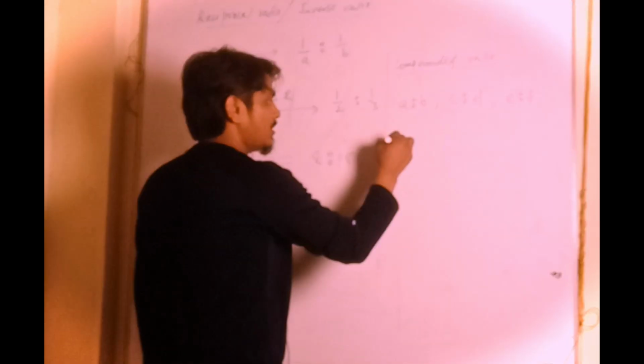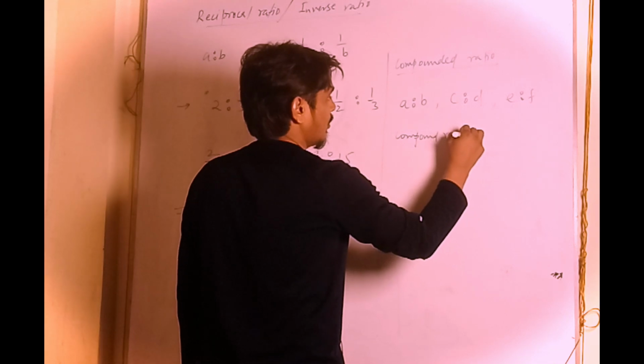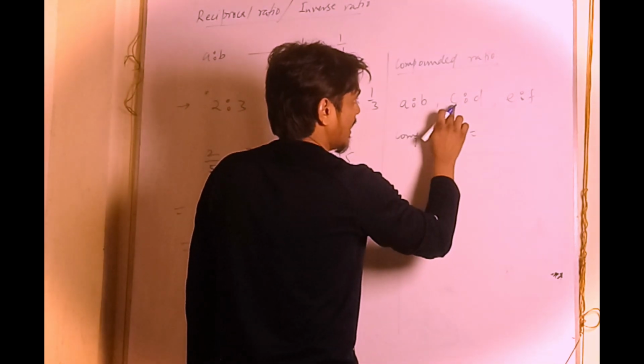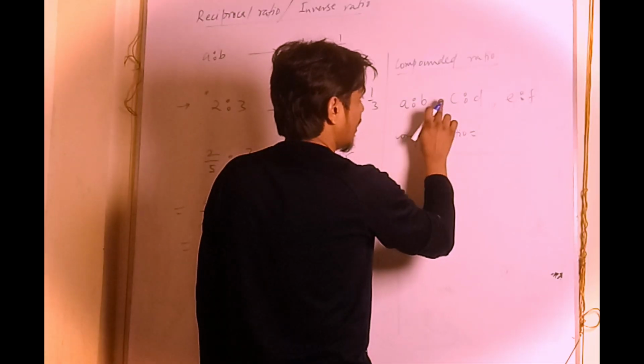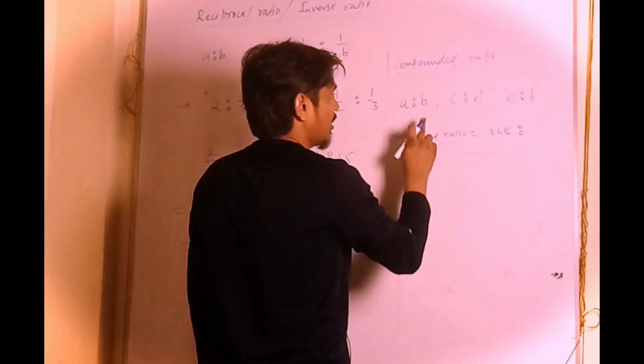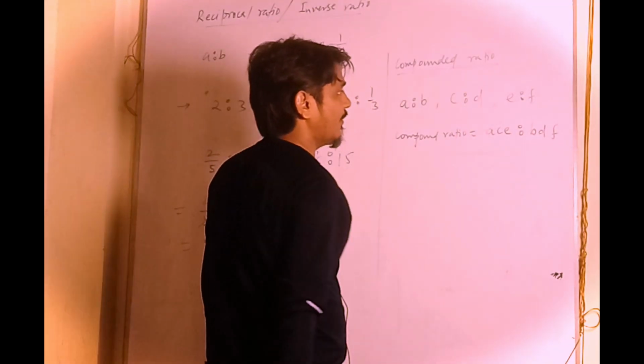So the compound ratio is equal to the multiplication of the corresponding antecedents, here A, C and E, ratio the consequents, B, D and F. So this is ACE ratio BDF.